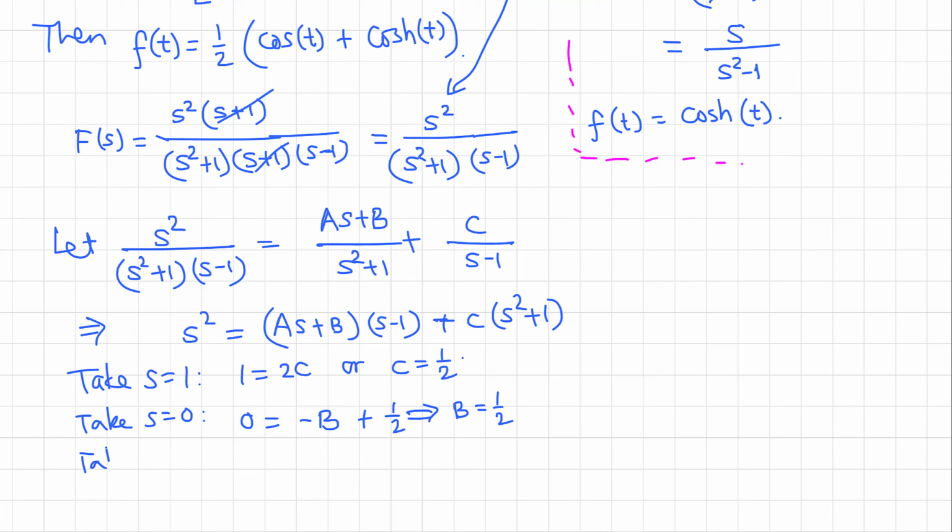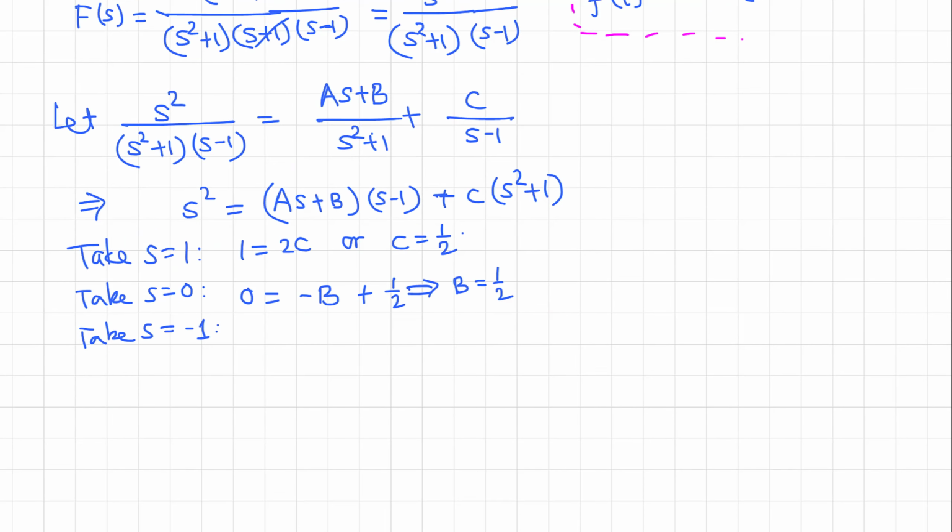Now we can take any number, it will be fine. Let's take 1, 0, maybe negative 1. Try to keep smaller numbers. Okay, negative 1. Negative 1 squared is positive 1 on the left side. This is negative a, because s is negative 1, plus b, b is 1/2, times negative 1 minus 1, negative 2, plus c, c is 1/2, times negative 1 squared, 1 plus 1, 2.